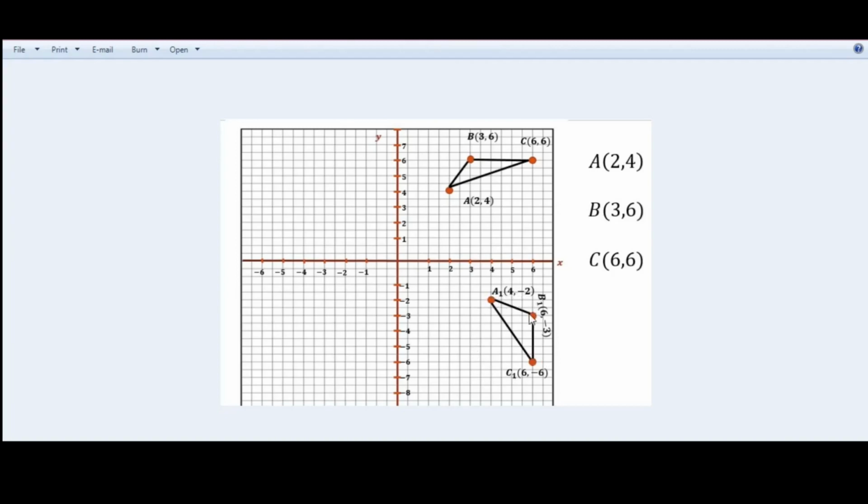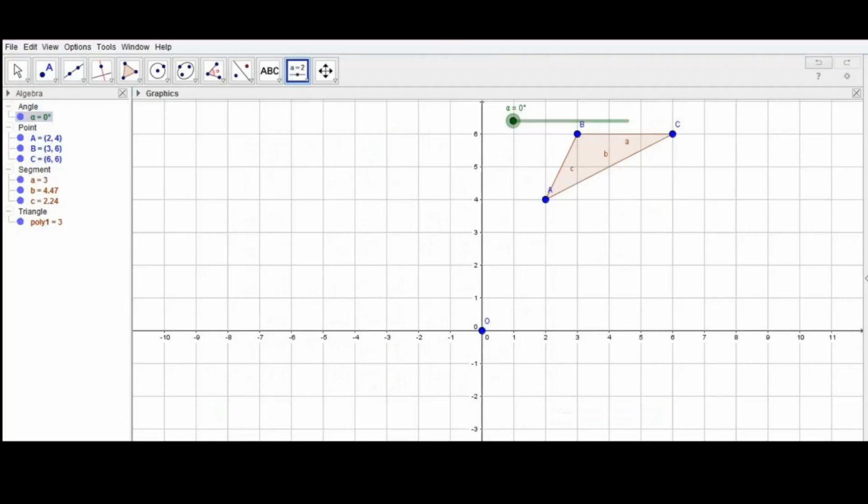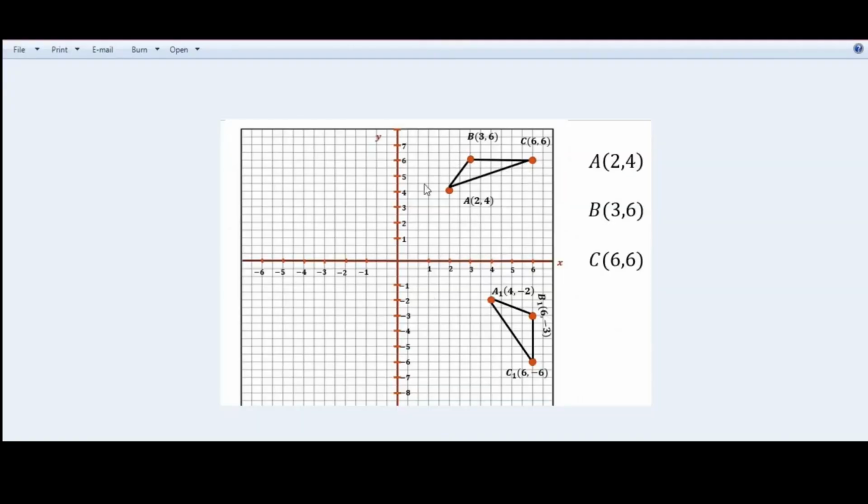To do that, I'm going to use GeoGebra. What we have over here is the triangle ABC. So point A is (2, 4), B is (3, 6), and C is (6, 6). And that was the same set of points we used in our previous discussion.